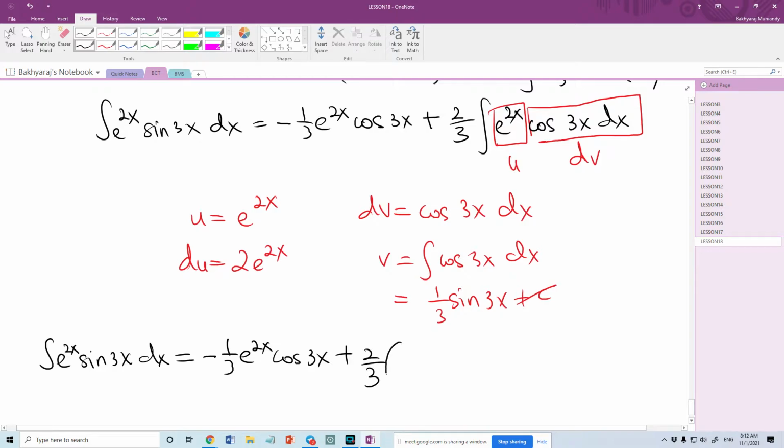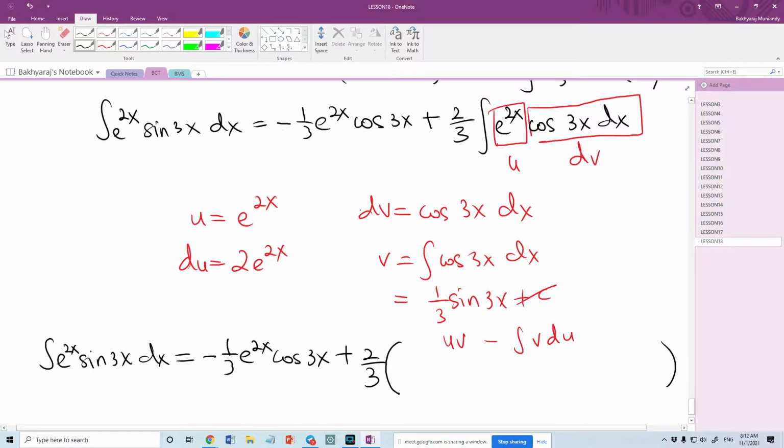In the bracket I'm going to substitute the formula, so uv minus v du, because for 2 over 3, only this one is the integration. So I want this answer put here, in the bracket.